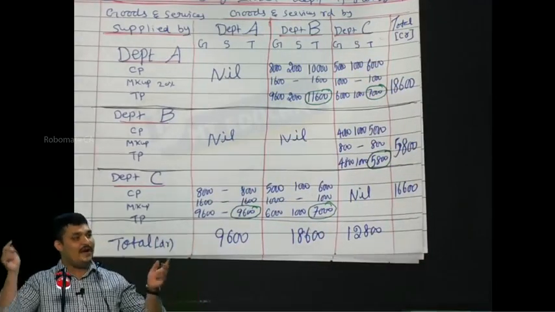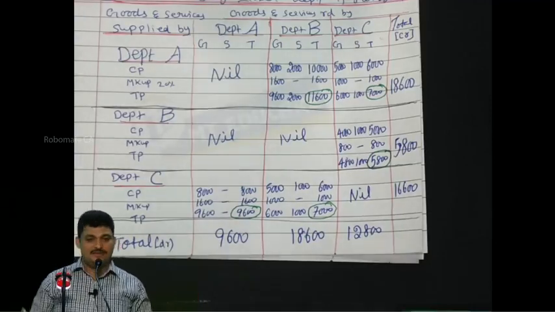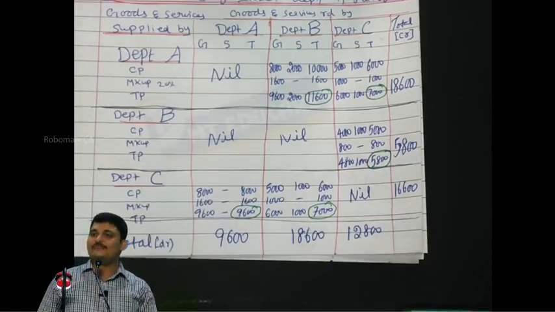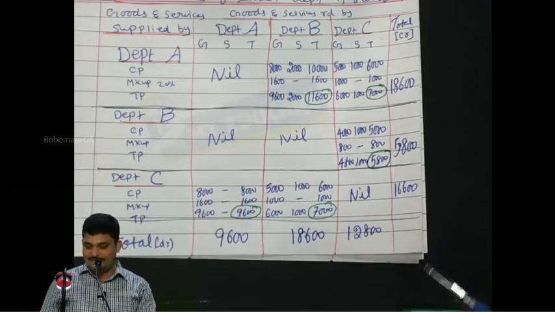Net it off and remark whether the department profit will increase or decrease. So, statement showing effect on departmental profits. Next statement.